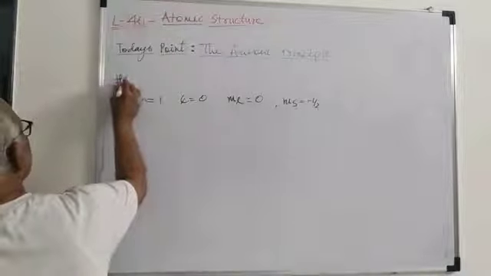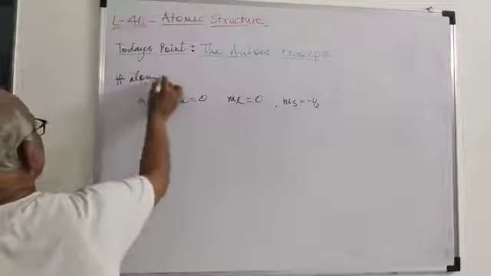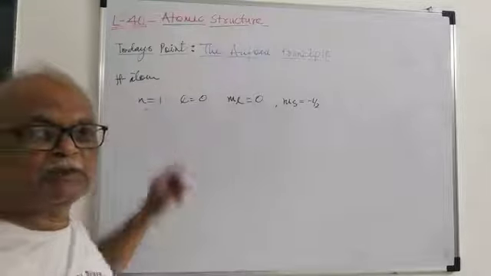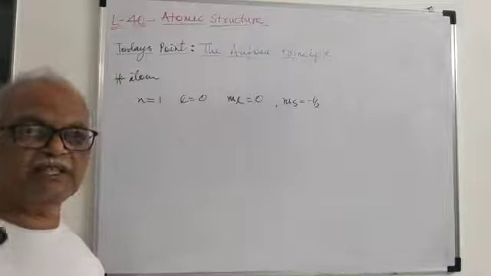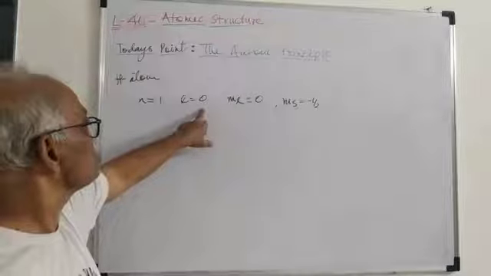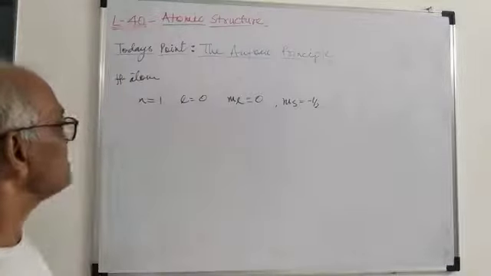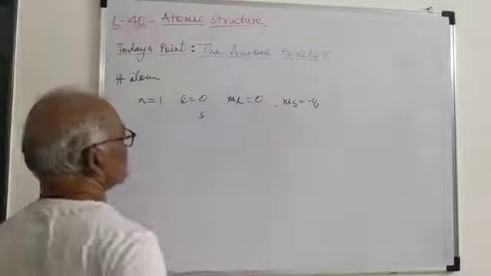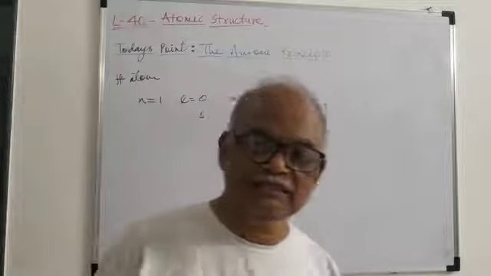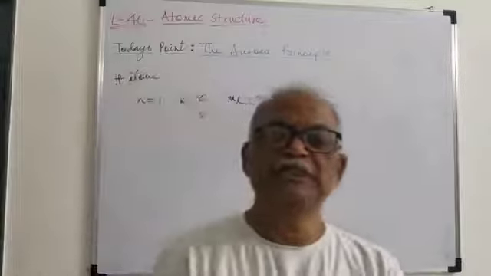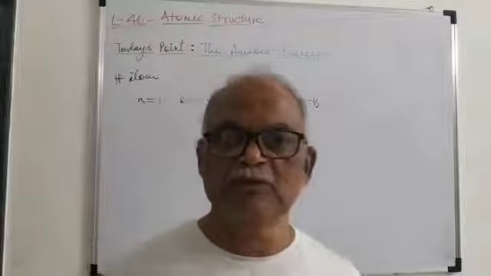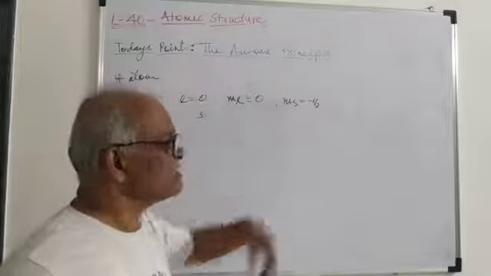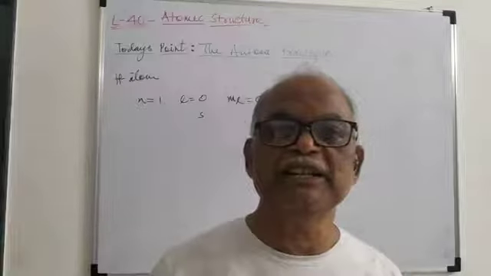It shows that n is equal to 1 means first main energy level. l is equal to 0 indicates s subshell, and ml indicates the shape of that subshell and orientation of that electron cloud in the space about the nucleus. Then ms indicates spin quantum number, that is -1/2.